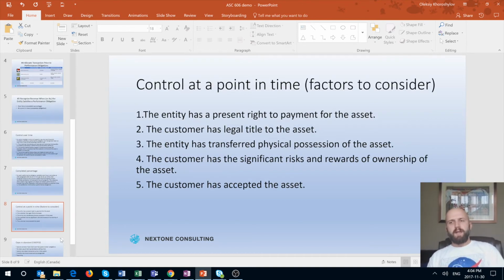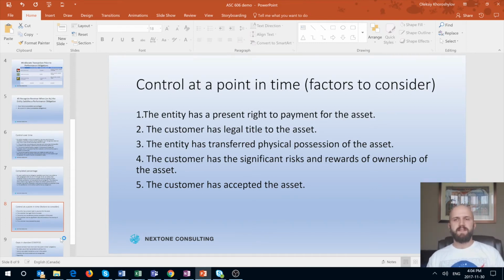When we cannot recognize revenue over time, we need to recognize revenue at a point in time. So we need to define at what time we can recognize that revenue, and that comes down to control. Whenever the customer gets control of an asset, a good or a service, that time comes and we recognize the revenue.